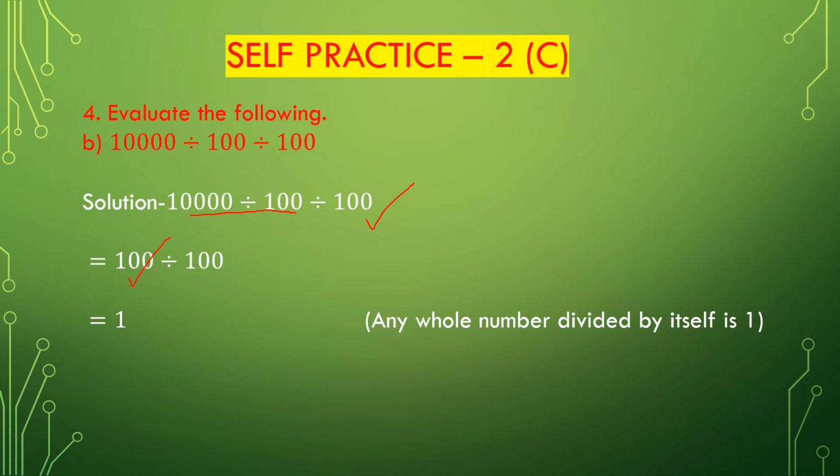Then we divide this 100 by 100. 100 divided by 100, we get 1. Any whole number divided by itself, we get 1. So 10,000 divided by 100 divided by 100, we get 1.